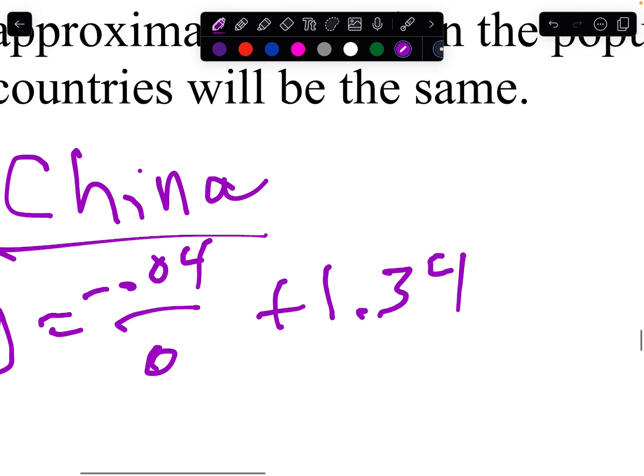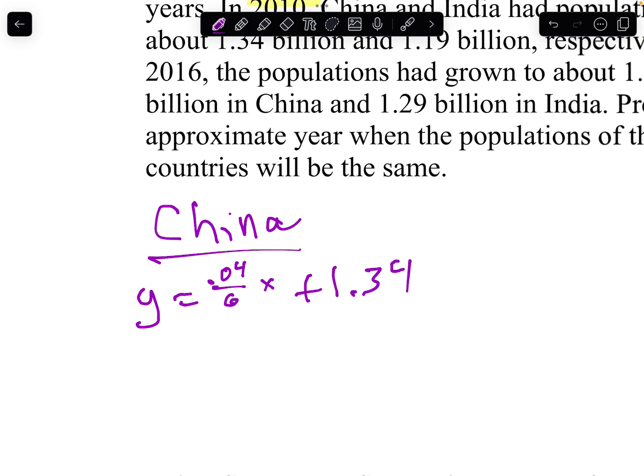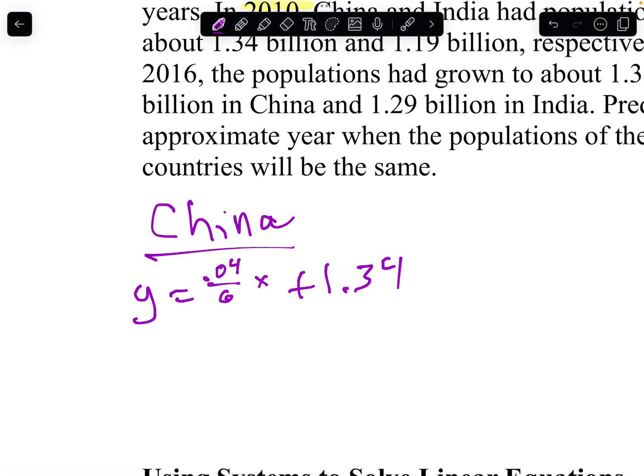I don't like that. So we're going to say 0.04 divided by 6x. Now, if you don't like it as a decimal, 0.04 divided by 6 is 1/150. I think 0.04 divided by 6 is a lot easier to work with.